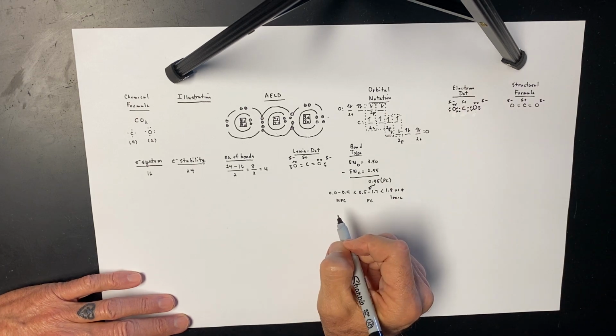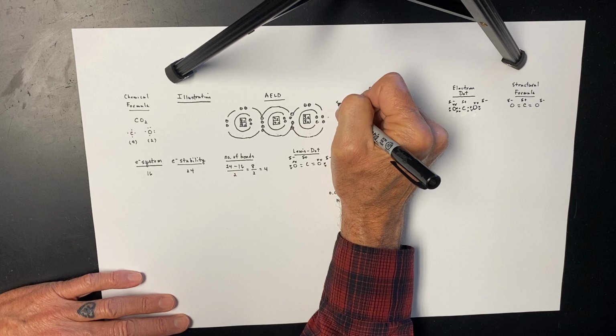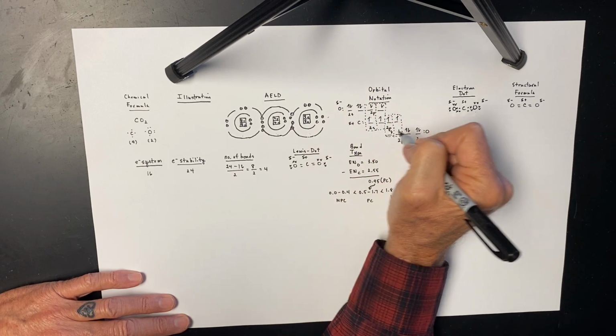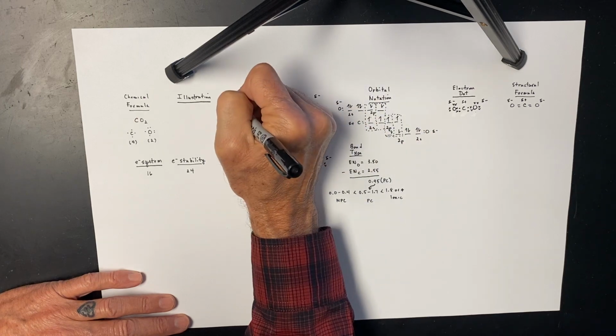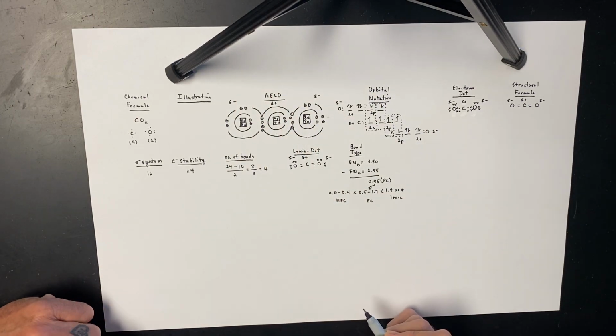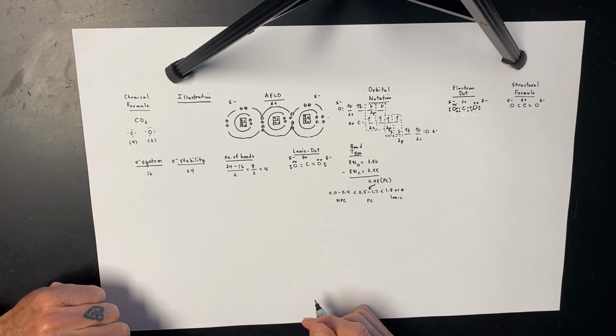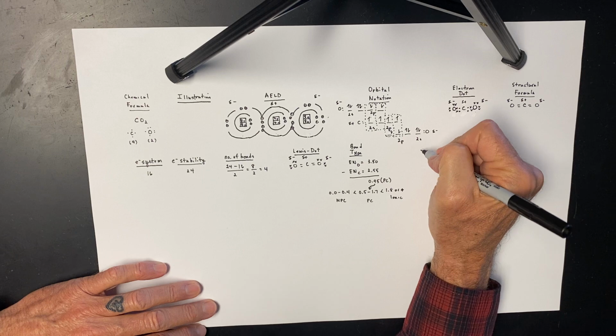So the bonds between carbon and oxygen are in fact polar. The question remains, though, whether CO2 is actually a polar molecule.